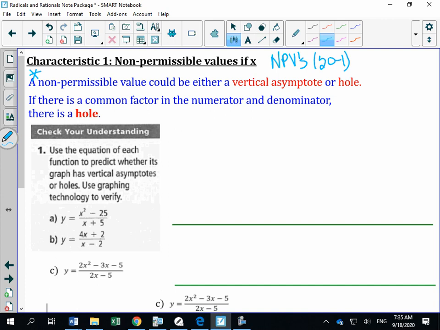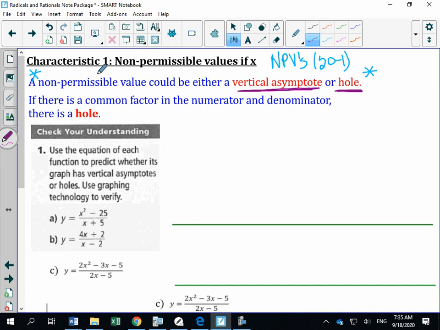When we find non-permissible values of our rational function, they could either be a vertical asymptote, or a hole. Vertical asymptotes were introduced in 20-1, but this concept of a hole is going to be new.